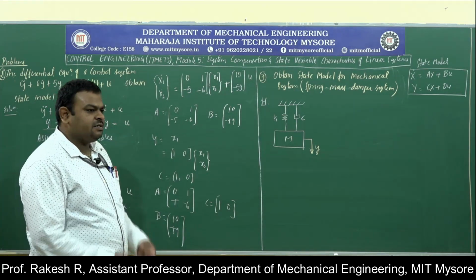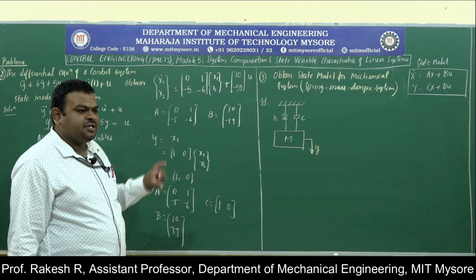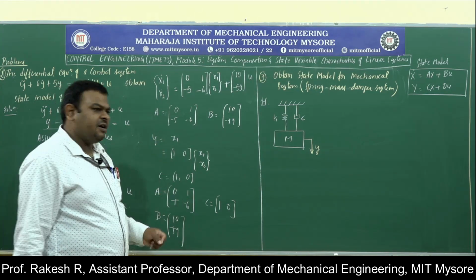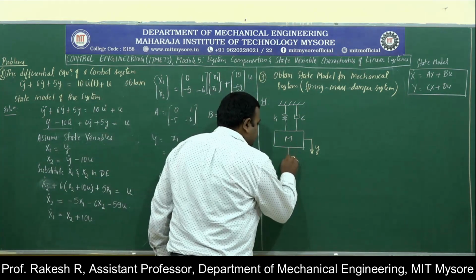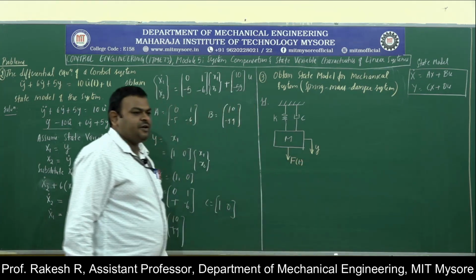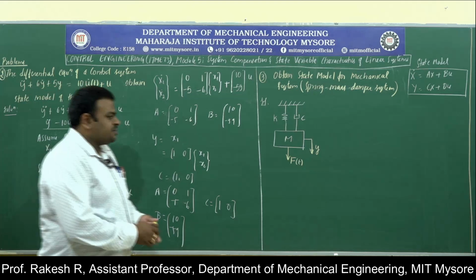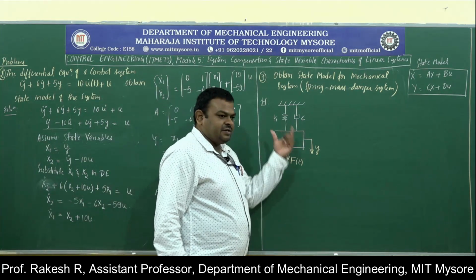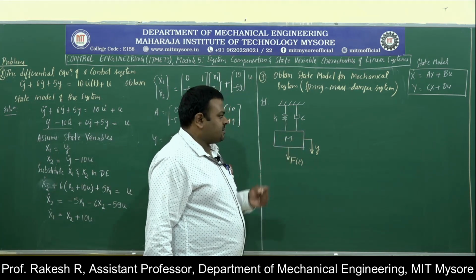Because of the displacement, what happens? The system tends to oscillate. And also this mass is subjected to a force F of t. So when you apply F of t, the system will oscillate.